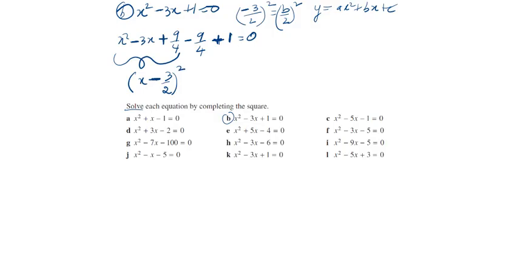Now this bit we have to simplify. So it's minus 9 by 4 plus, take the LCM. After I take the LCM, I will get x minus 3 by 2 the whole squared minus 9 plus 4 by 4 is equal to 0.